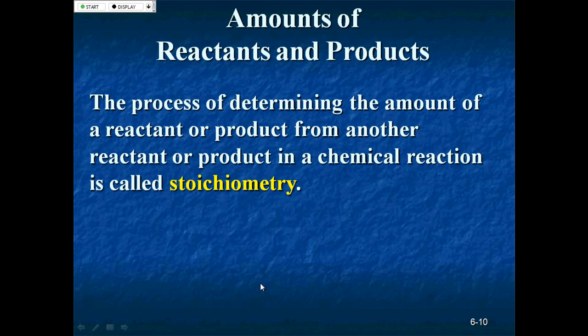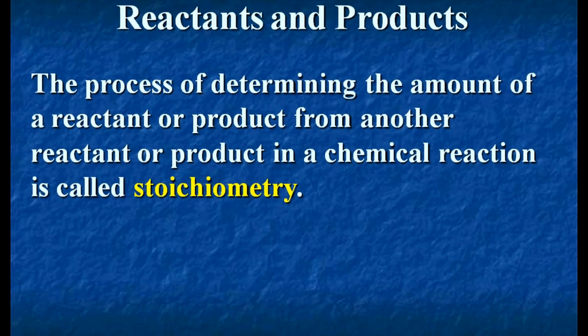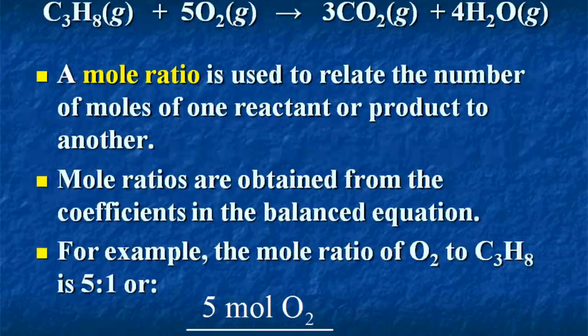So we just stopped right here in last class. The process of determining the amount of a reactant or product from another reactant or product is called stoichiometry, and we are going to see how we do this. So let's consider the reaction we have been seeing so far. This was the reaction we looked at in last class to understand what those numerical coefficients mean.